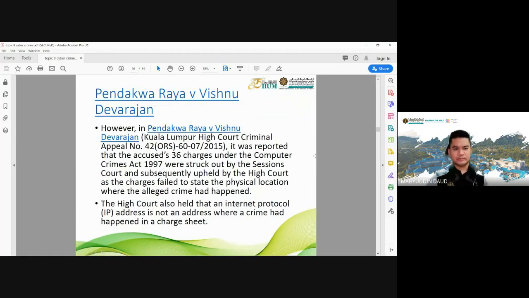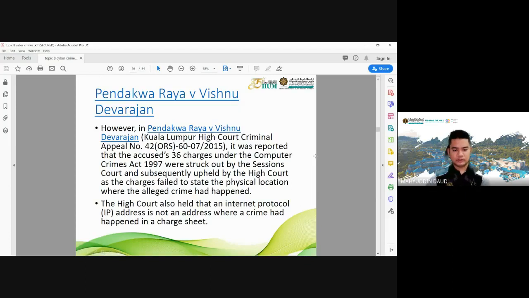Another one is PP against Vishnu. This was about accused was charged with 36 charges under the Computer Crimes Act, but it was struck out later. It was because the charges failed to state the physical location where the alleged crime happened.